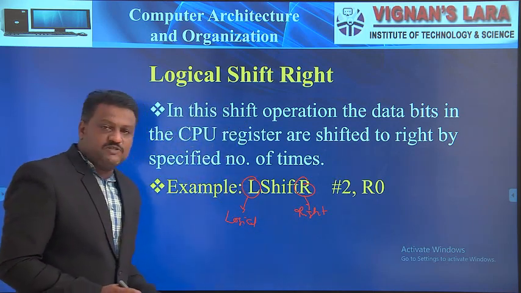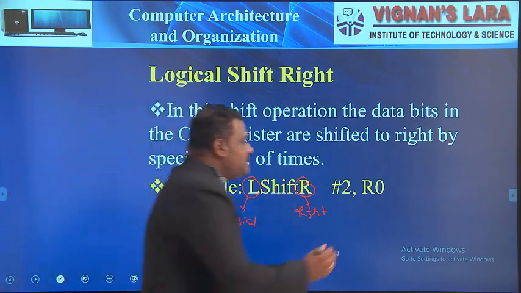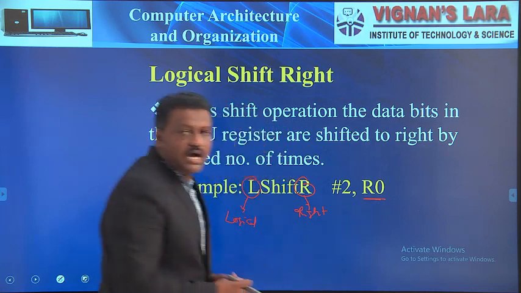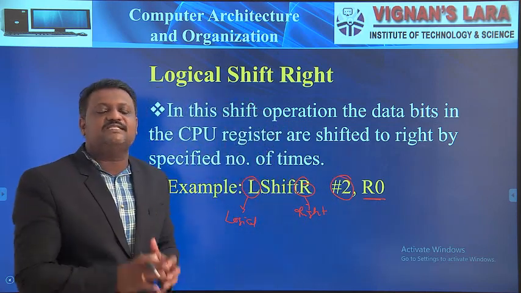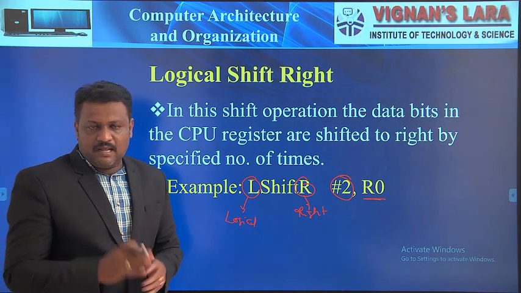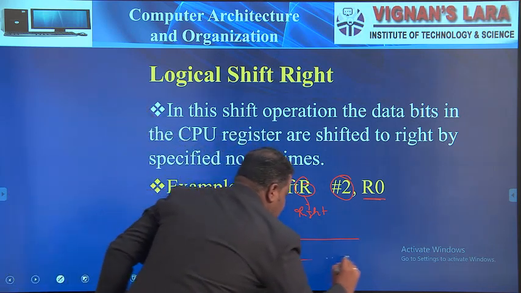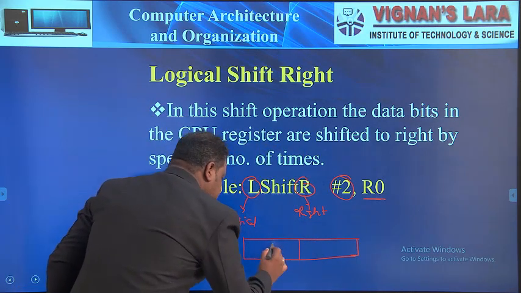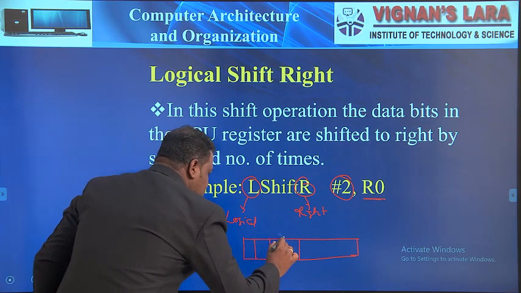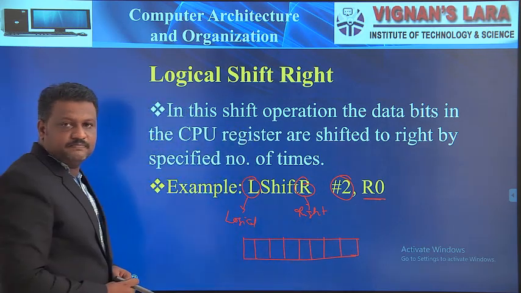So the meaning of this is logical shift right the content of the CPU register R0 by 2 times. This hash indicates the count value. Assume this is your register R0 of size 8 bits.